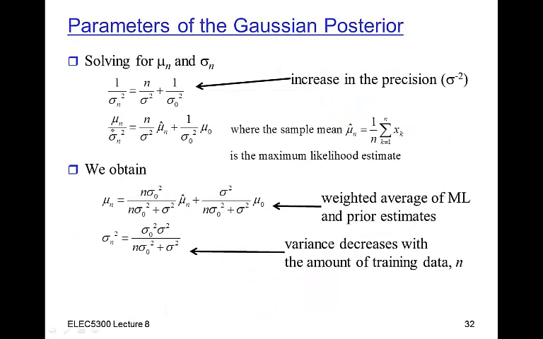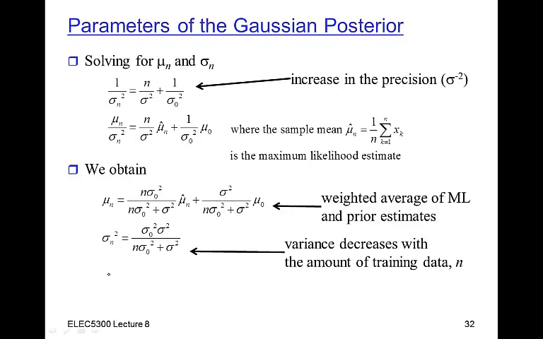So the mu n and sigma n are copied from there, and then I'm going to take these equations and try to solve for sigma n squared and mu n. It's easiest to solve for sigma n squared first. In order to do that, I'm just going to combine these two together.